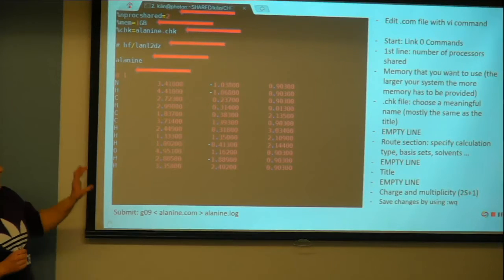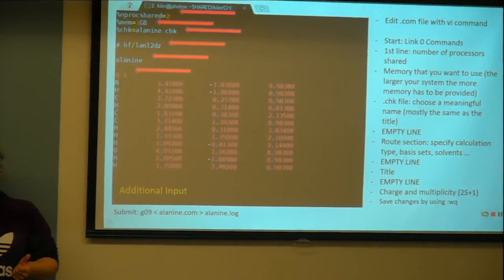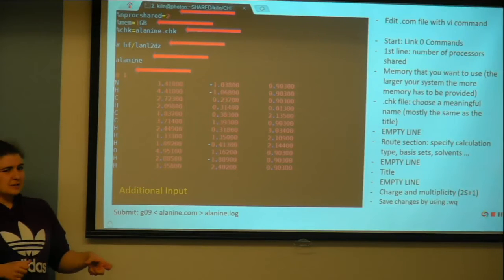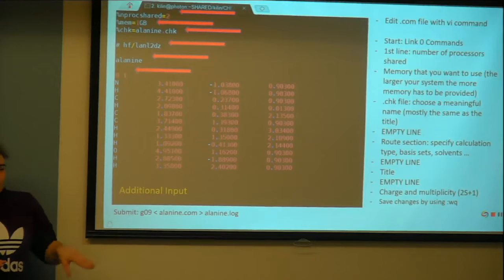And then we have the coordinates, which we got from the XYZ file. Below the coordinates, you can put additional input, for example, the connectivity, or if you have a mixed basis set. For example, if you use a different basis set for different atom types, you will have to specify it below the geometry.